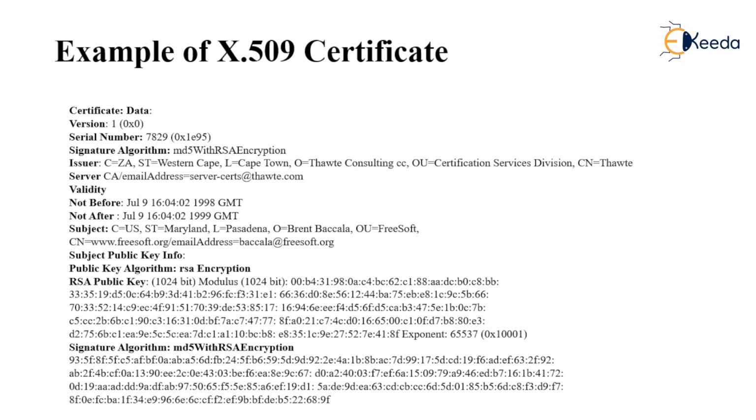It shows the issuer, the validity period with before and after dates, the subject, and the subject public key information, including which encryption methodology is used and what the public key is. Then for issuing the signature, it shows which algorithm and technique are used, and at the end we get the signature.